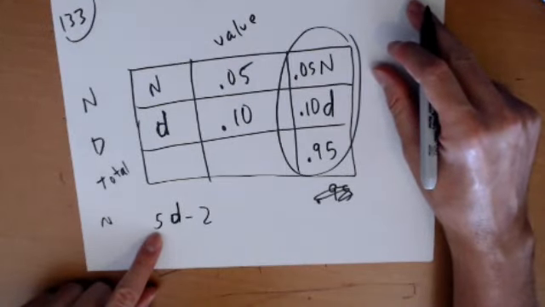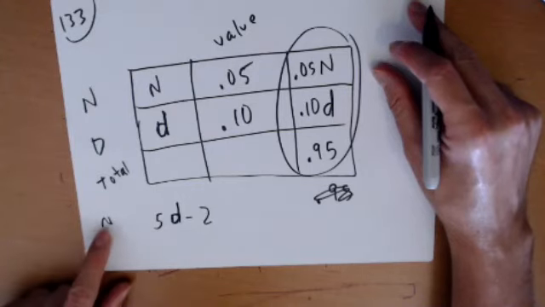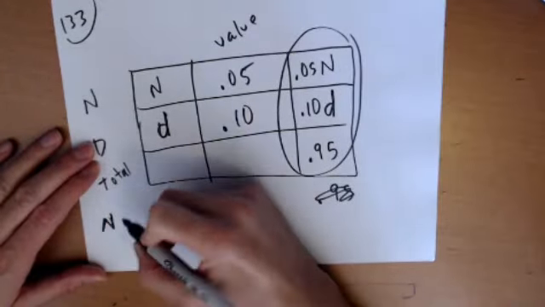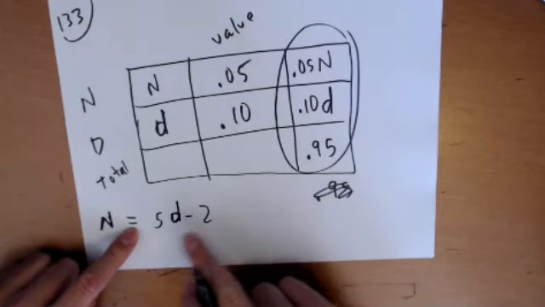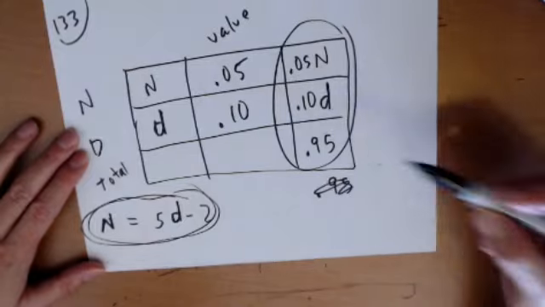So the number of nickels, N, is 5D minus 2. So here's the relationship between nickels and dimes.